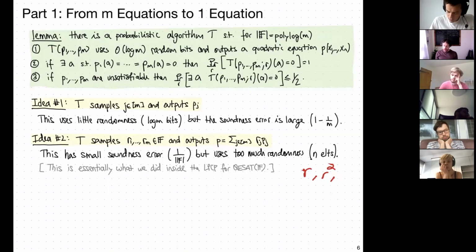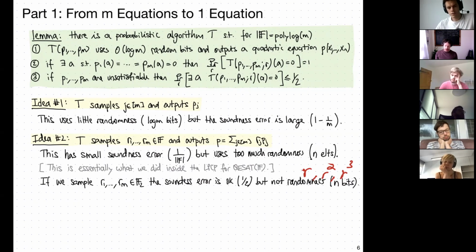And we can also use R to the third. All of these numbers would be distributed in a pleasing way, and the hope is that these seemingly random combinations would be good enough. So we can get the best of both worlds. Let's try to see how this works.